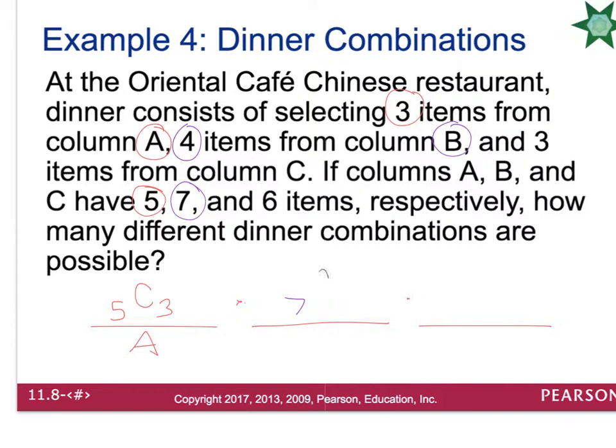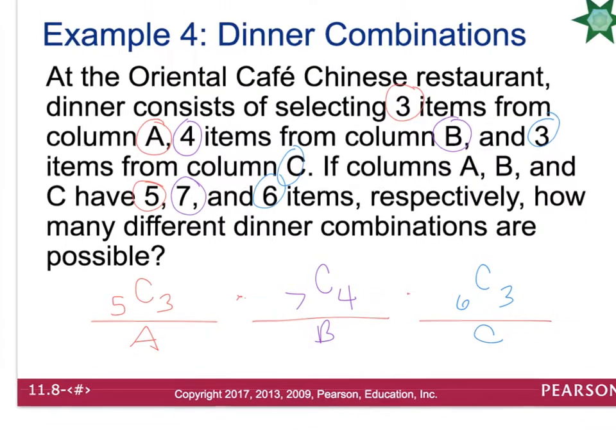So we'll do 7 combination 4, and that'll tell us all the possible ways to select from column B. Then we have column C. In column C, we are supposed to select 3 items, and it has 6 in its column. So we'll need to do 6 combination 3, and that'll tell us what's happening with column C.